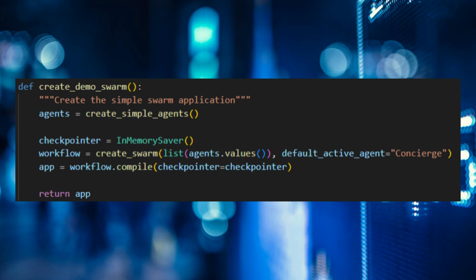We call create swarm with all agents and set a default active agent, Charlie the concierge. The swarm compiles into an app object that can be invoked with user messages. This app is responsible for routing messages, running tools, and managing handoffs between agents. It is the orchestrator, like a manager, making sure customers are served by the right person.